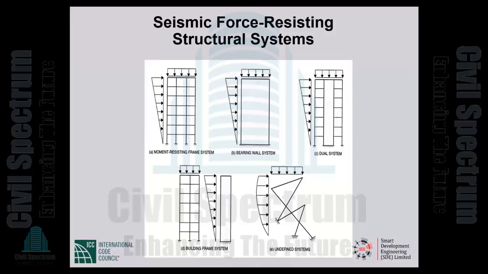And substantially all the gravity loads have to be taken by the frames. That doesn't mean the weights of the shear walls have to be carried by the frames. Okay, so essentially complete frames carrying substantially all the gravity and 100% lateral force resisting shear walls. Okay, so gravity resistance is separated from lateral resistance.